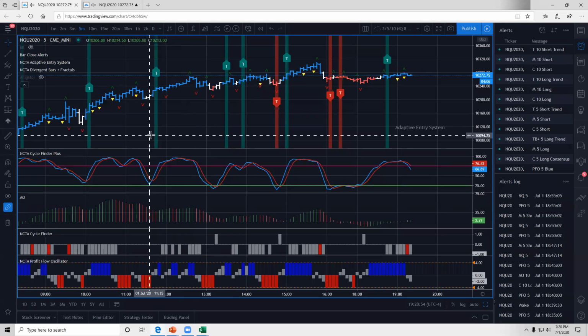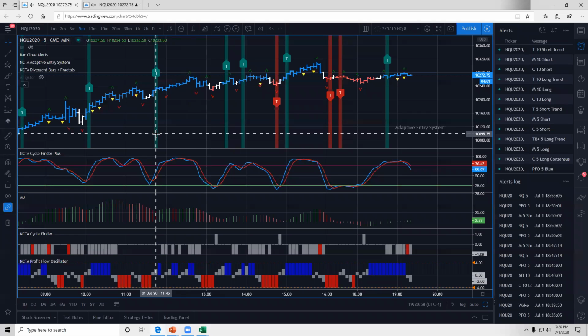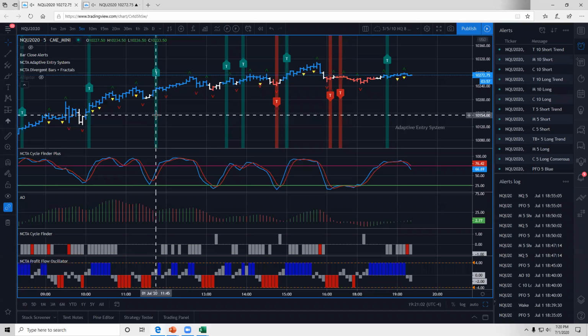If you want to trade the trending system, the adaptive entry system, and maybe just want to focus on getting into the longer running trends and holding those, the 5-minute chart has been proving itself to be the most beneficial chart. 3-minute works, 10-minute works, 30-minute works, but I've personally honed in on the 5-minute chart.